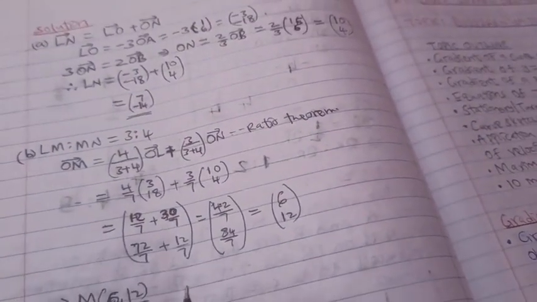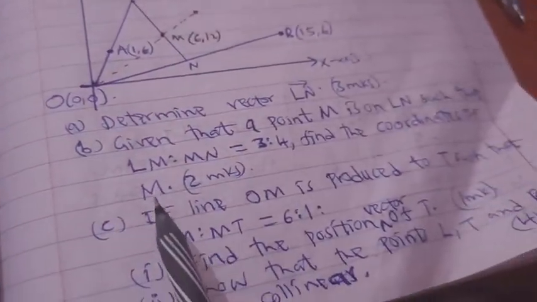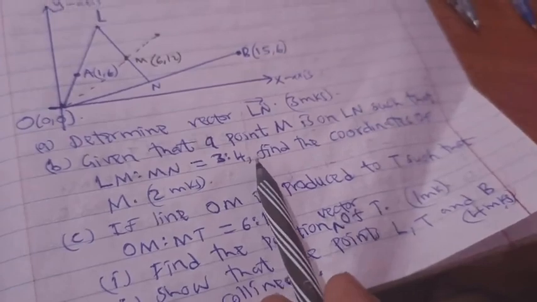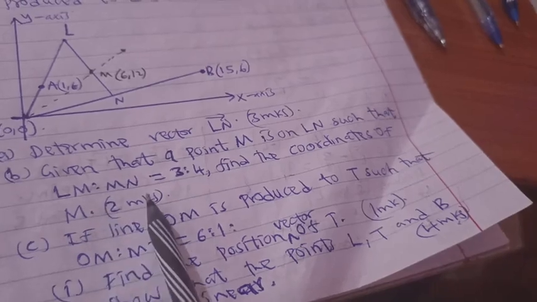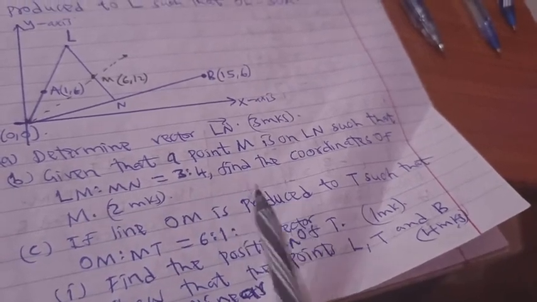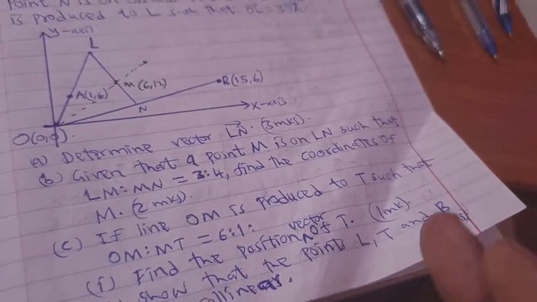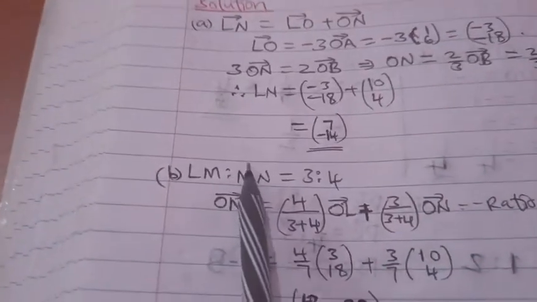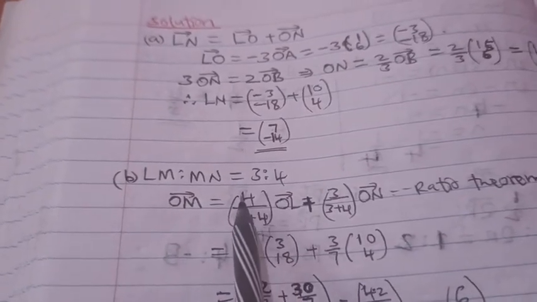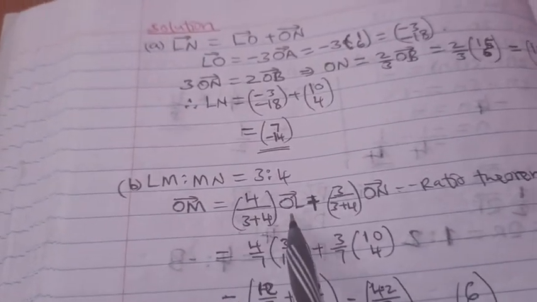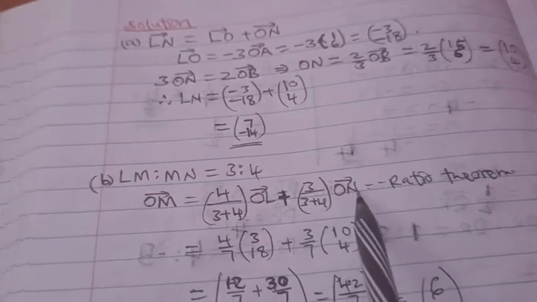Now, in the second part, we've been told in question B, given that a point M is on LN such that LM:MN is 3 to 4, find the coordinates of M. Now, LM:MN equals 3 to 4, and therefore OM would be, using the ratio theorem, 4 over 7 OL plus 3 over 7 ON.